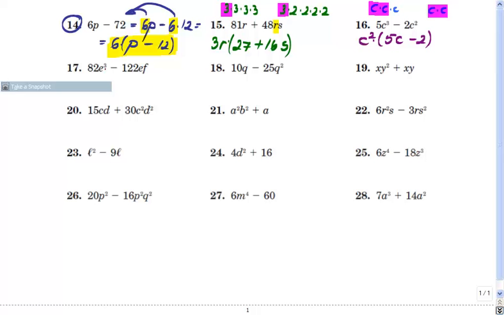Next one, 82e cubed minus 122ef. You can notice from the beginning that e is the repeating variable, right? E is the common factor here. Basically, I can write e cubed as e times e times e, and that e will be a common factor, so definitely I will have an e outside.